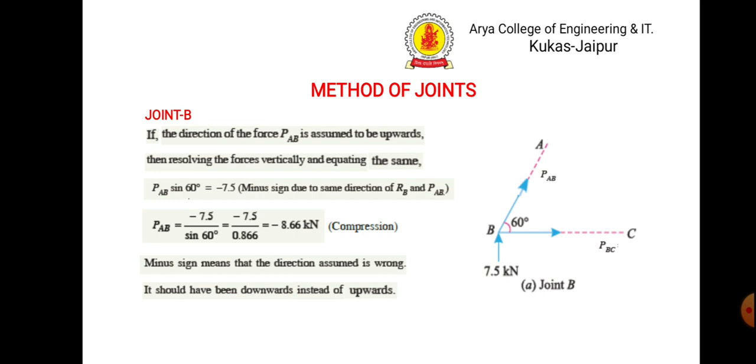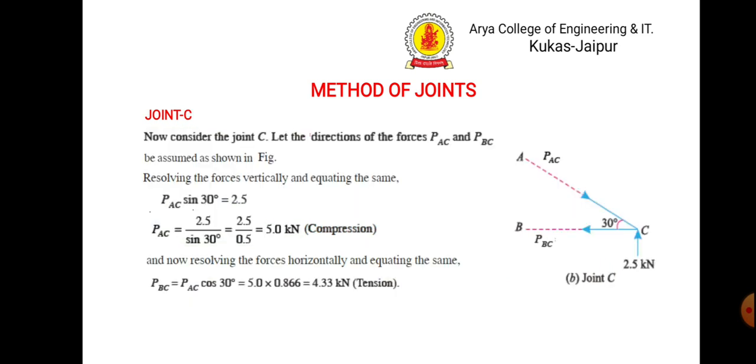So PAB will be minus 8.66 kilonewton. So this one is wrong. Hence, the negative sign indicates that whatever direction we have taken is wrong. So it must be towards B, meaning it will be in compression. Minus sign means the direction assumed is wrong, so it should have been downward instead of upward.